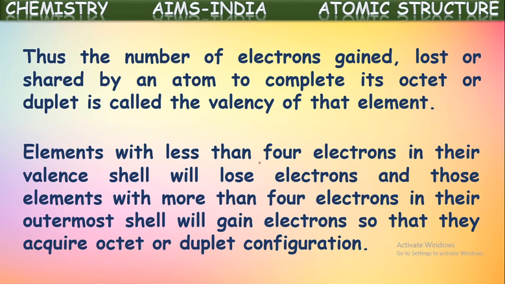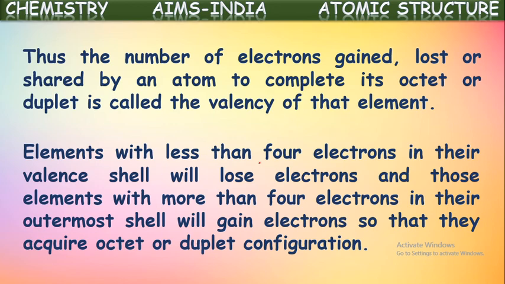Elements with less than 4 electrons in their outermost shell, or valence shell, generally will lose electrons, and the elements which have more than 4 electrons in their outermost shell will gain electrons to get the octet. The elements which have nearly 4 electrons may share electrons. Here we may get some clarity.